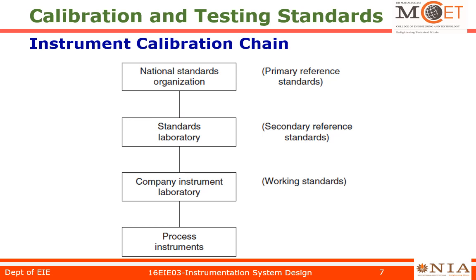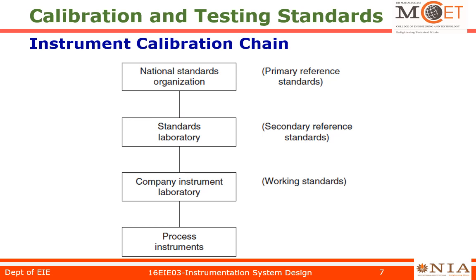In this case, the manufacturer verifies that his measurement setup performs within the required limits of accuracy. So whatever may be the physical measurement, that has to come within the range or within the limit. So that is the working standard. And finally, it goes to the process side or measurement side.